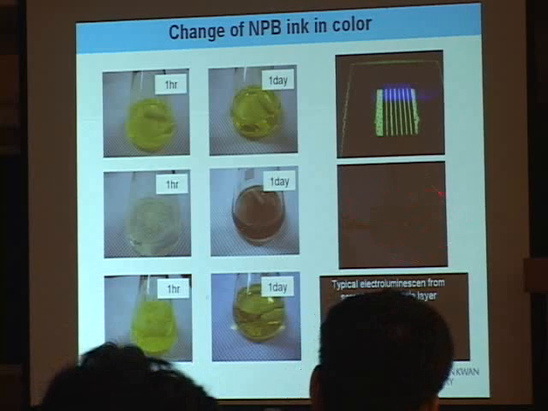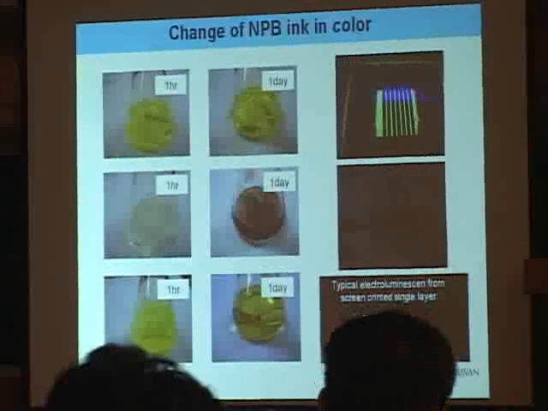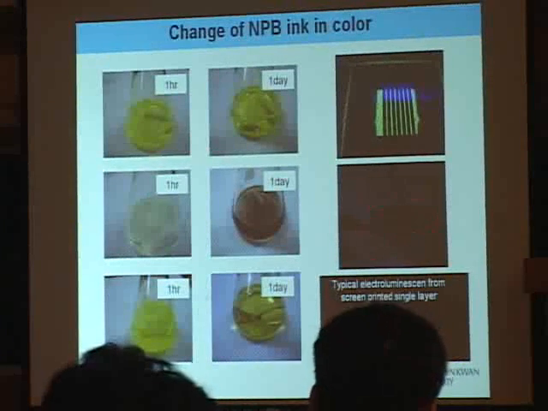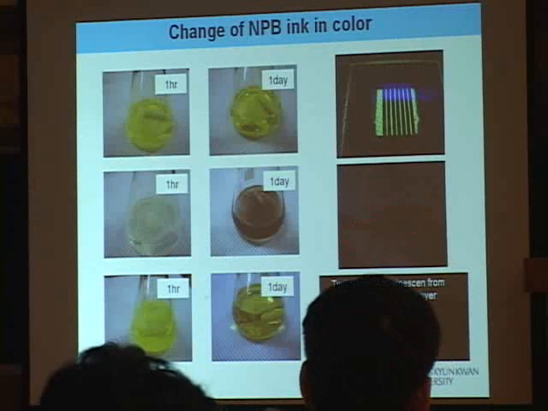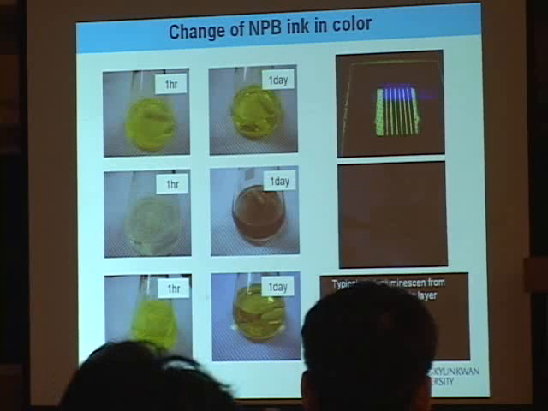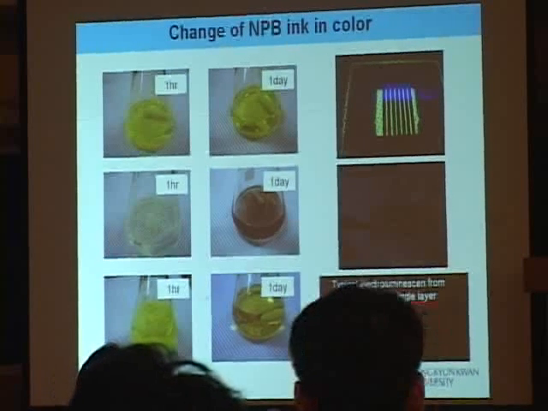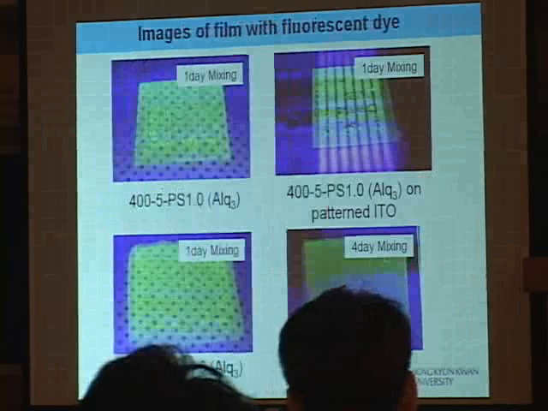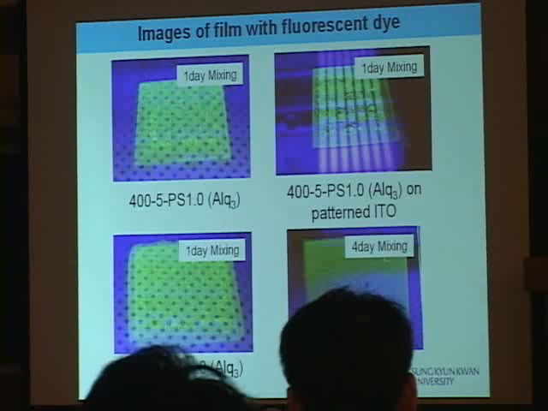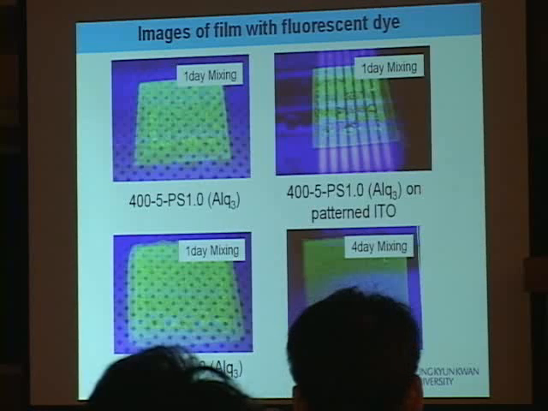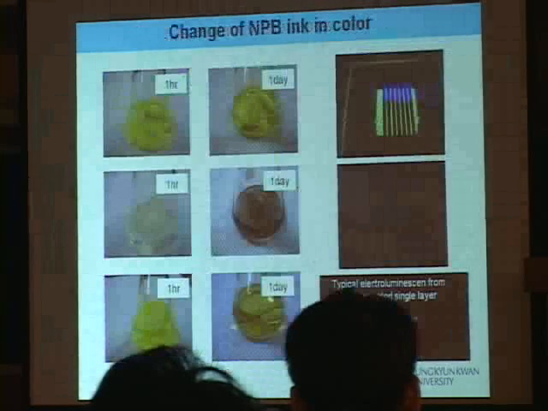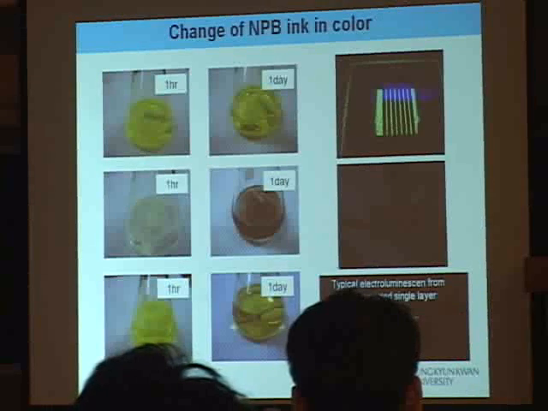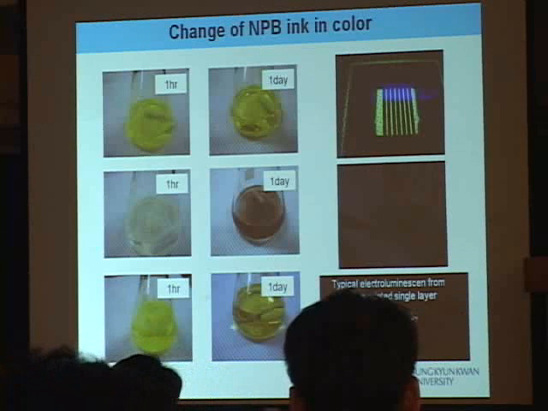This is the typical result of a light emitting device, and this is the picture of the OLED. As you can see before, there is not a good dispersion of dye in the sample, and that's why the light emission comes from area by area; it's scattered emission.